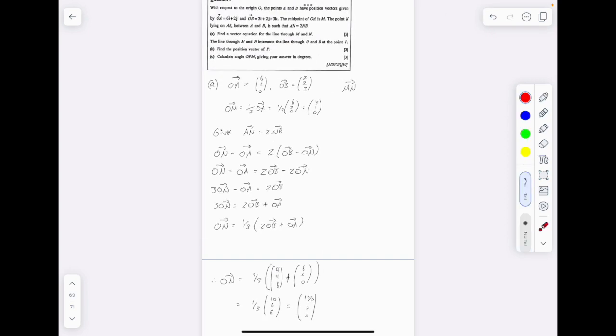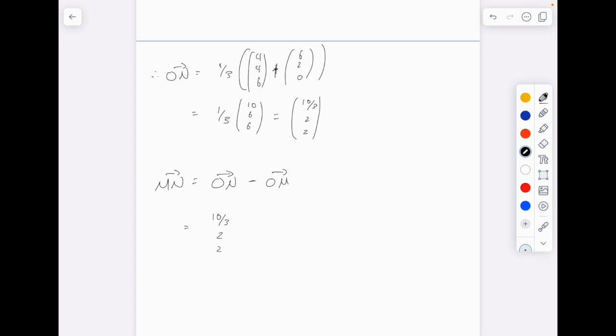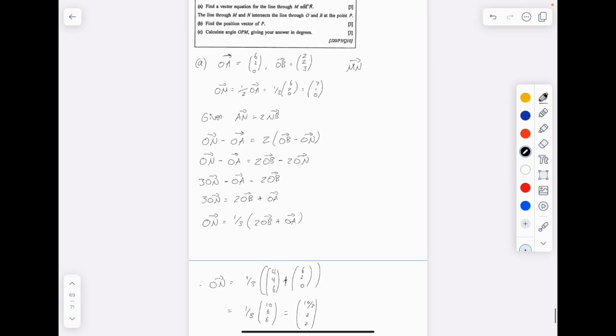And remember, we're trying to find MN over here. So, excuse me, MN naturally equals ON minus OM, which is therefore going to equal 10 over 3, 2, 2, minus OM, 3, 1, 0.